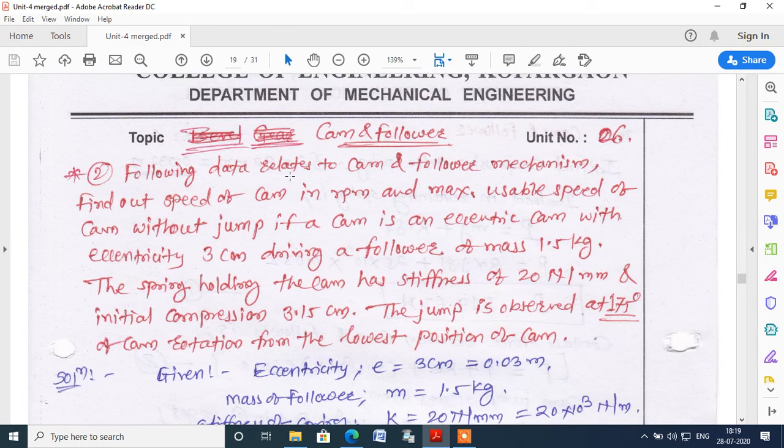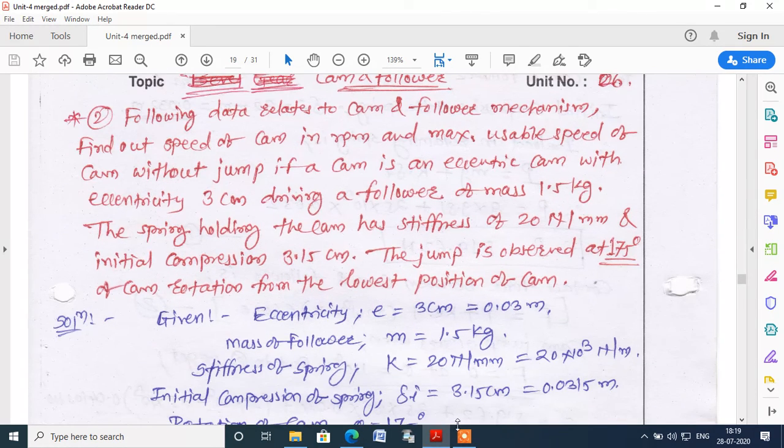Similarly, a second problem is given for the solution and we have to solve that. The following data relates to a cam and follower mechanism. Find out the speed of cam in rpm and the maximum usable speed of cam without jump, if the cam is an eccentric cam with eccentricity 3 cm driving a follower of mass 1.5 kg.